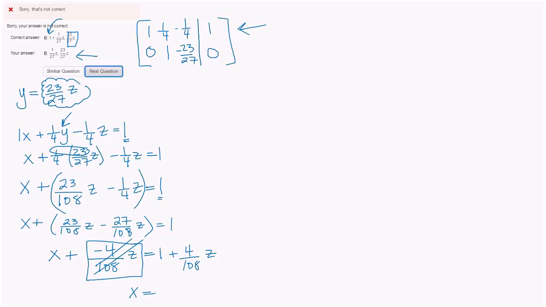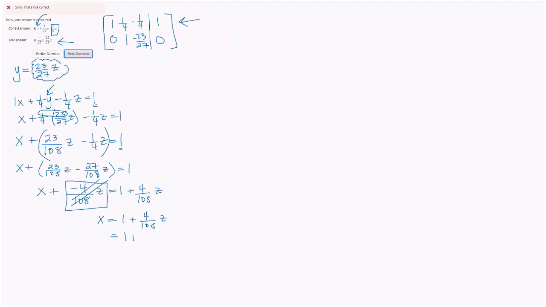So x is equal to 1 plus 4 over 108z, which is the same as saying 1 plus 1/27th, I think. 4 goes into 4 once, and 4 goes into 108 27 times. And that's what x is equal to. So that's where the 1 came from.